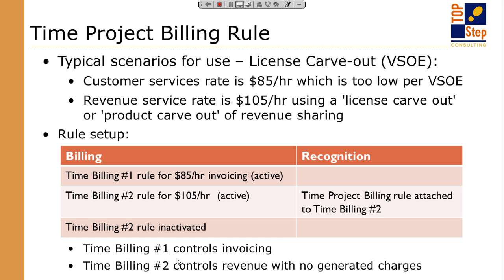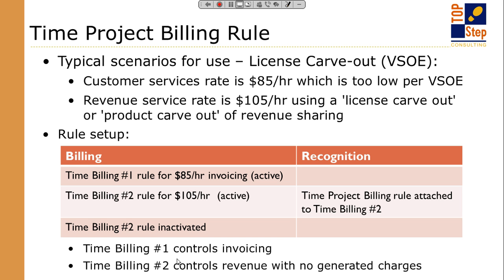So the time billing rule 1, which was set up on the project, is set up to bill the customer for $85 an hour. A second time billing rule has been set up for a rate of $105 an hour. I create my recognition rule, which points back to rule number 2, and then I inactivate number 2 because I can really only have one time billing rule running unless I have all kinds of filters and stuff.